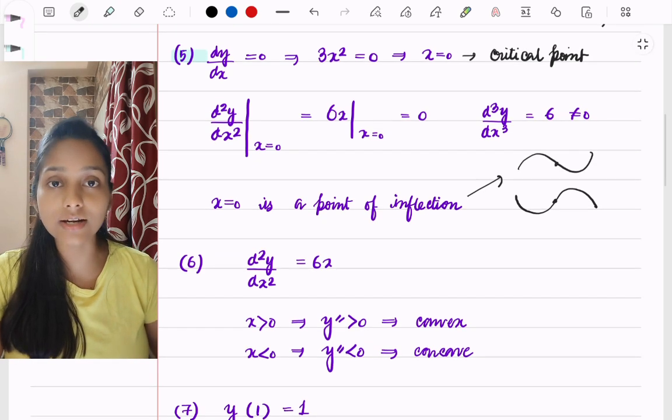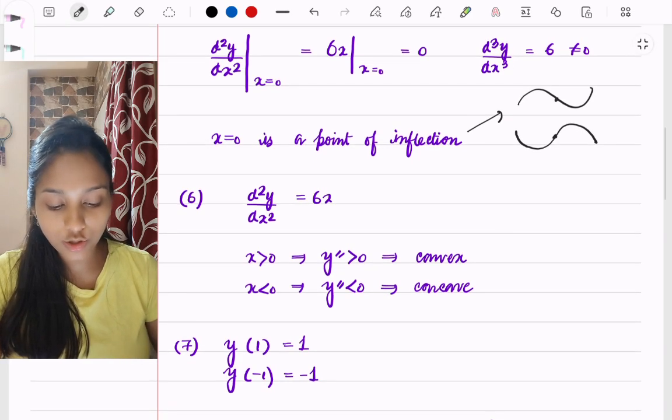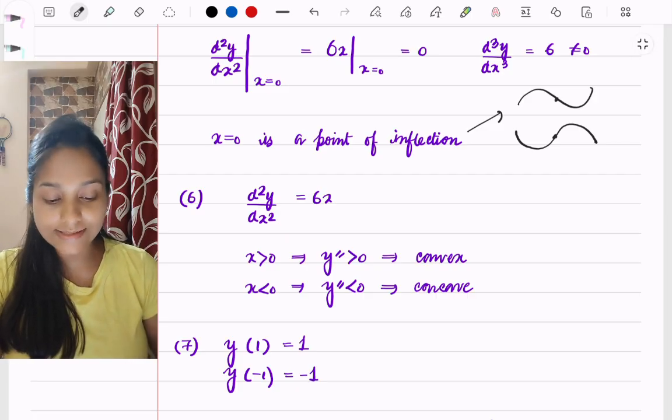Next, we can check the concavity of the function y equals x cube. For that, we take the double derivative, which is 6x.